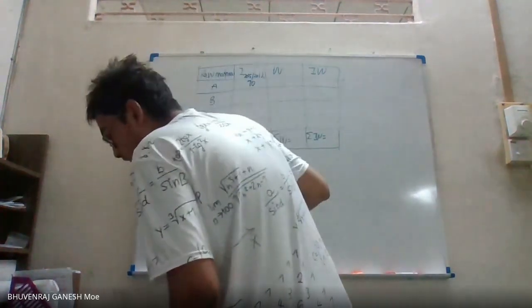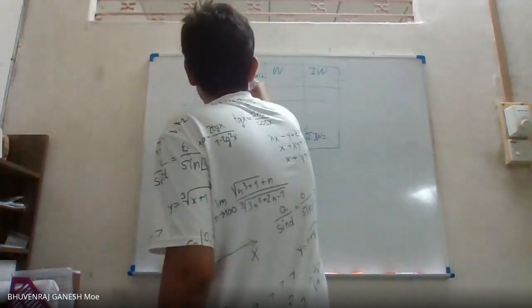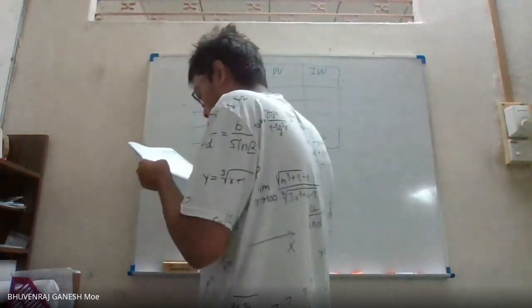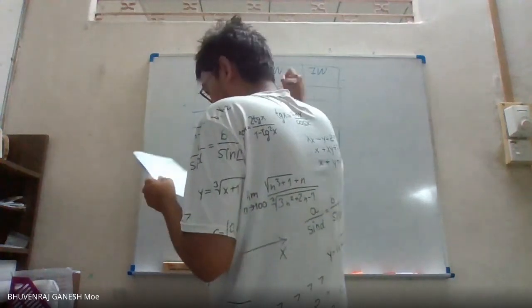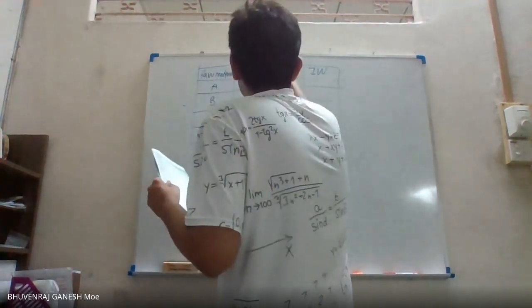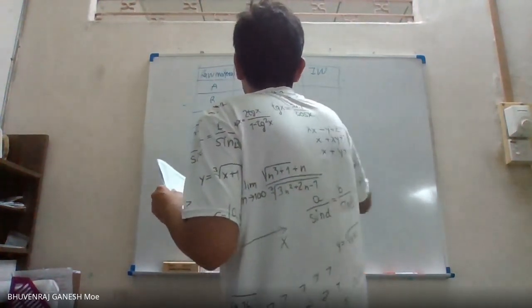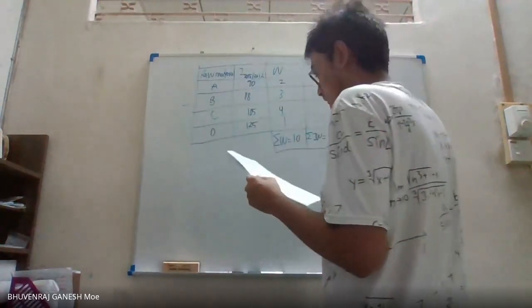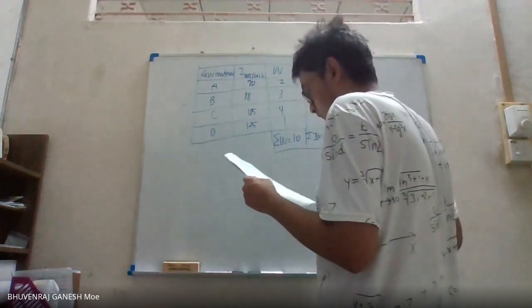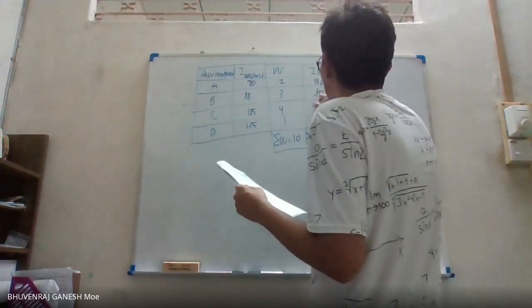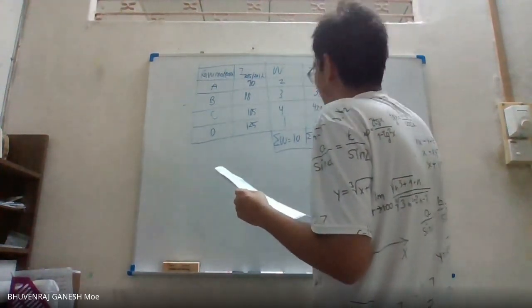So this is 90, after you interpret, 118, 105, 125. Then this is 2, 3, 4, 1. This is 10, 5, 8, 10, and then 180, 354, 420, and 125.